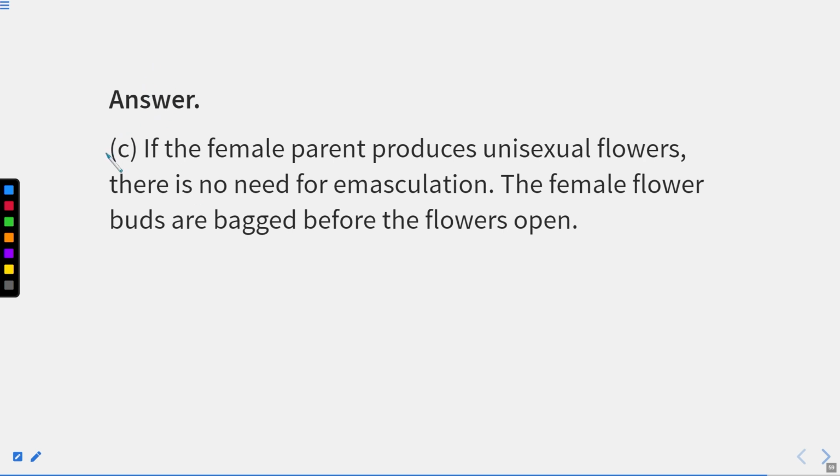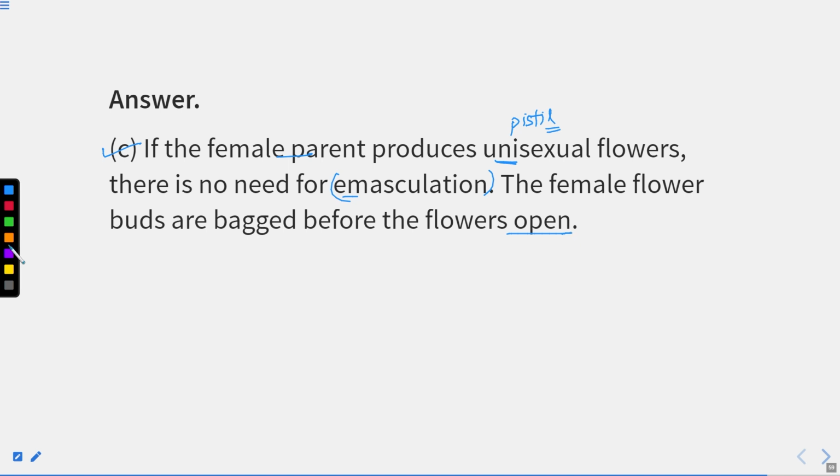So what is the answer here? The answer is option C. If the female parent produces unisexual flowers, there is no need for emasculation, because the female parent will obviously produce the female flower, which consists of the pistil only. The female flower buds are bagged before the flowers open.